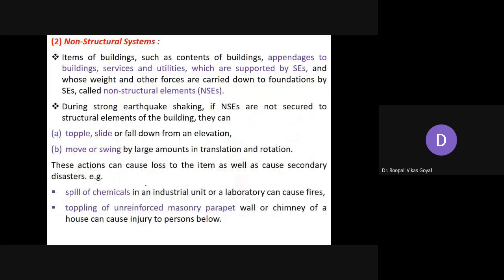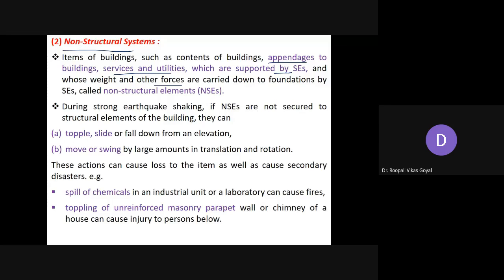Now next is non structural elements. So building में बहुत सारे non structural elements भी होते हैं. So basically the items of the building such as contents of building, appendages of the building, services and utilities which are supported by structural elements and whose weight and other forces are carried down by the foundations are called non-structural elements.